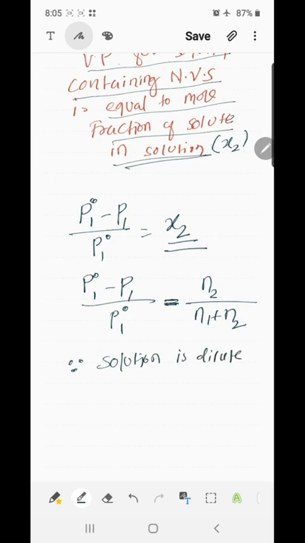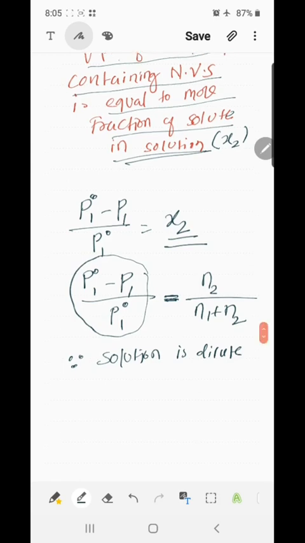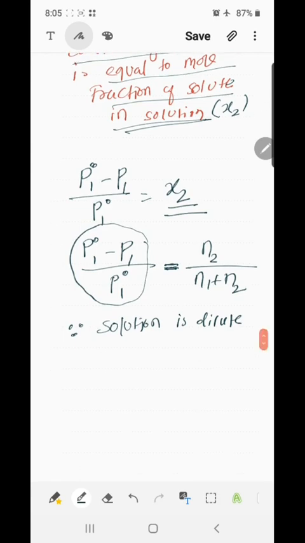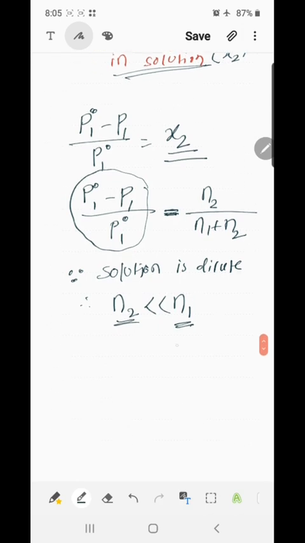Relative lowering of vapor pressure is a colligative property, and colligative properties are studied properly only for dilute solutions. So since the solution is dilute, it contains very few moles of solute as compared to moles of solvent. So N1 is very large as compared to N2, because a dilute solution contains a large amount of solvent and a small amount of solute. So in the above equation, N2 can be neglected.